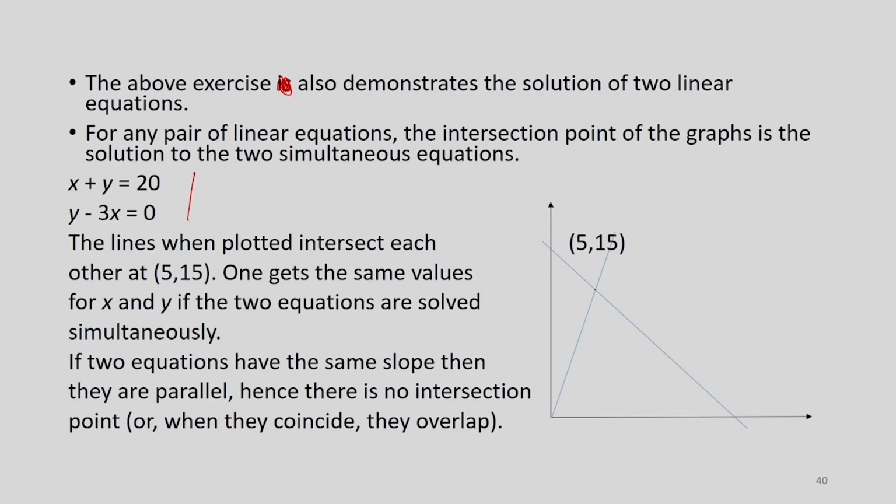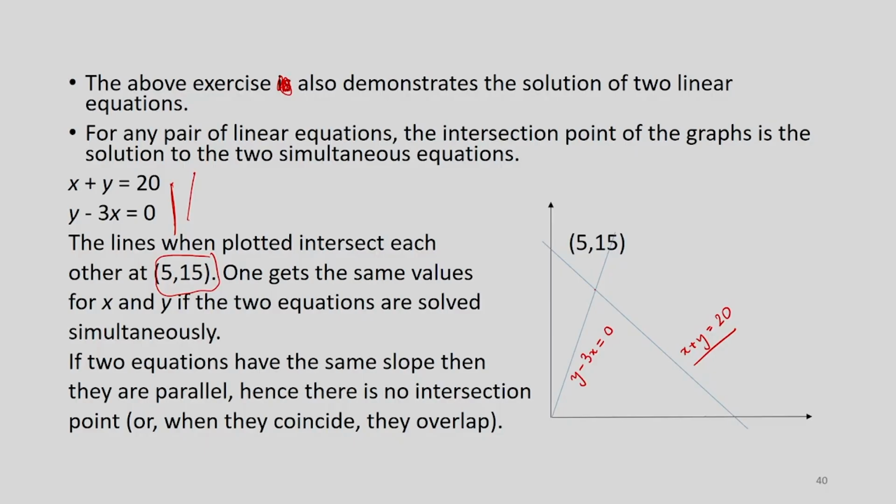For example, this downward sloping line is the equation x plus y is equal to 20, and this upward rising line is y minus 3x is equal to 0. If you forget about the diagram and just solve these two equations, you will get a solution, and that solution will be (5, 15).